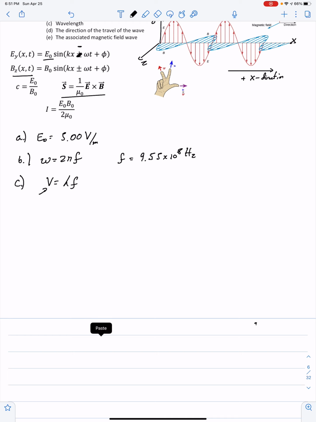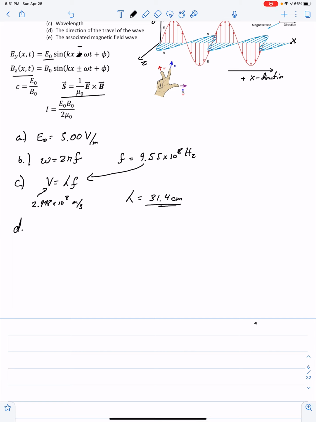The speed of light is 2.998 times 10 to the 8 meters per second, so we can just solve for the wavelength. And the wavelength should be 31.4 centimeters, because the frequency comes from here and the velocity comes from the speed of light. Done. So let's go to D.